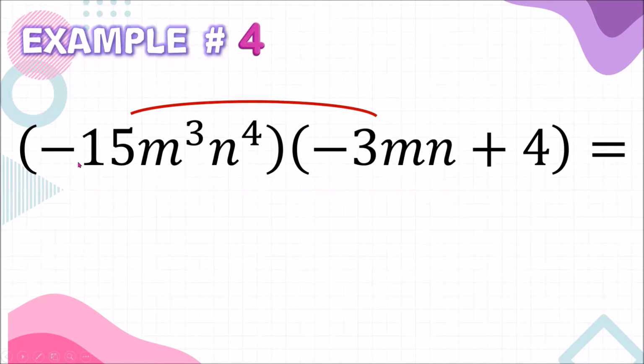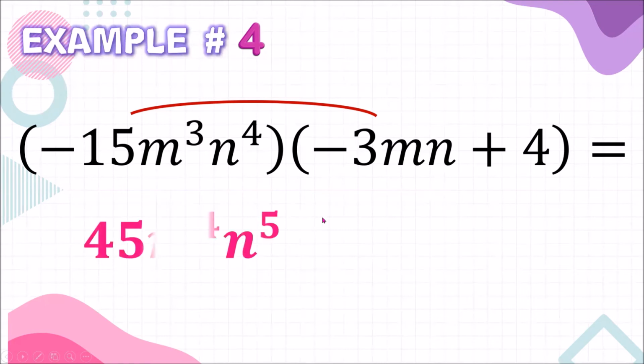So first, negative 15 times negative 3, and then we have here positive 45. Negative times negative is positive, and then m cubed and then m here, so invisible 1 as your exponent, so it becomes m to the fourth, and then n to the fourth and then n, n to the fifth.